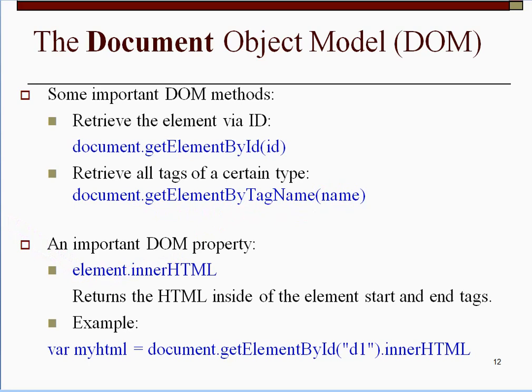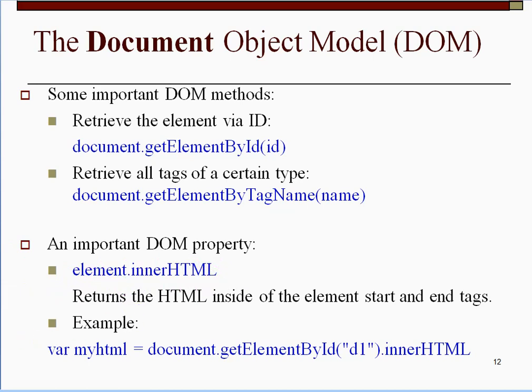Another important property of the DOM, of the document object model, is the innerHTML. So any element.innerHTML refers to the HTML that is contained within the bounds of that element.